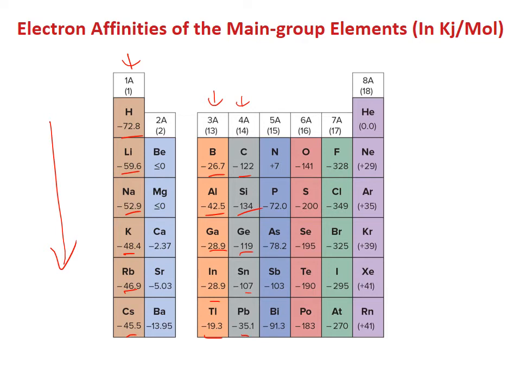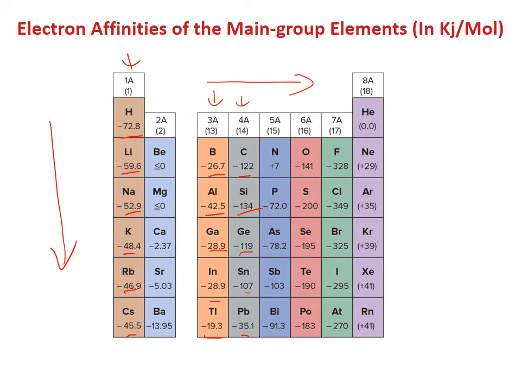Across a period, we know the atomic size decreases, so it's harder to remove an electron. Ionization energy increases, and you would expect the electron affinity to decrease.